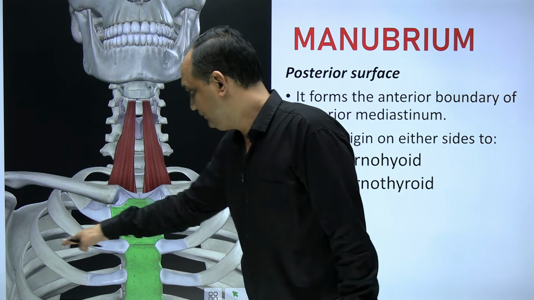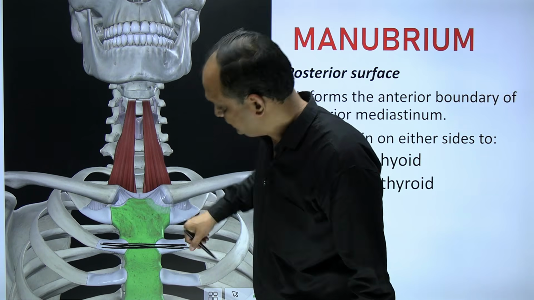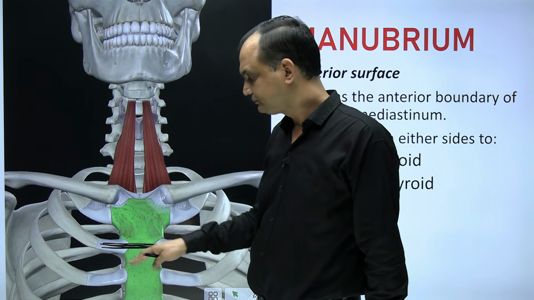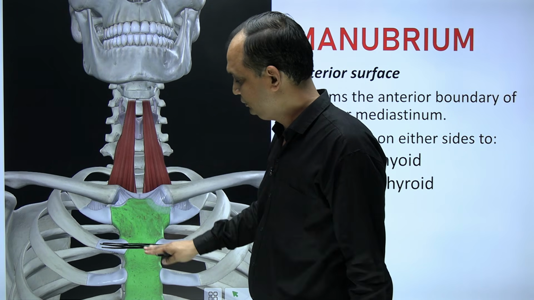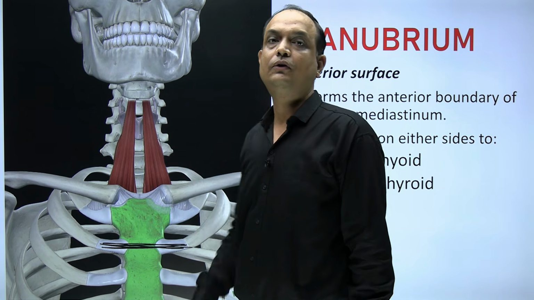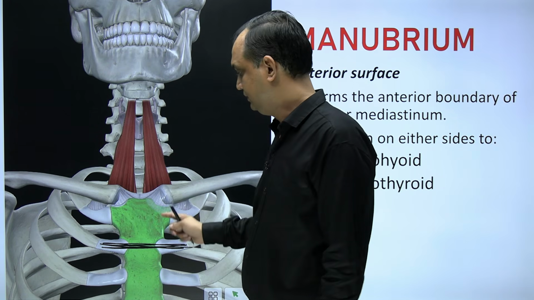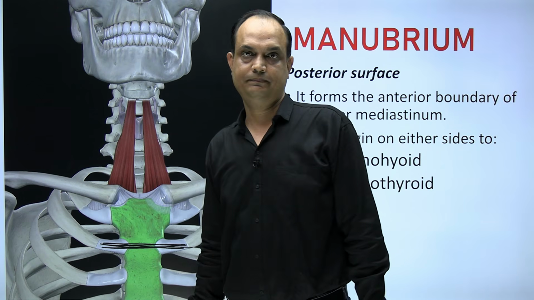And this plane which is passing through the sternal angle, or you can say the junction between the manubrium and the body of the sternum, divides the mediastinal area into the superior and inferior mediastinum, and the anterior boundary of your superior mediastinum is formed by the posterior surface of your manubrium.